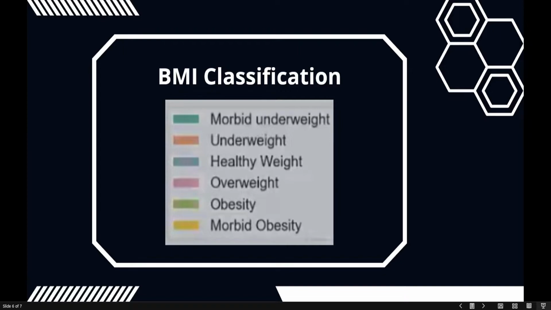This is the BMI classification. There are 6 categories here: the first, morbid underweight; second, underweight; the third one, healthy weight; the fourth one, overweight; the fifth one, obesity; and lastly, morbid obesity. The classification of the BMI is where you can see if you're still a healthy person or at risk.